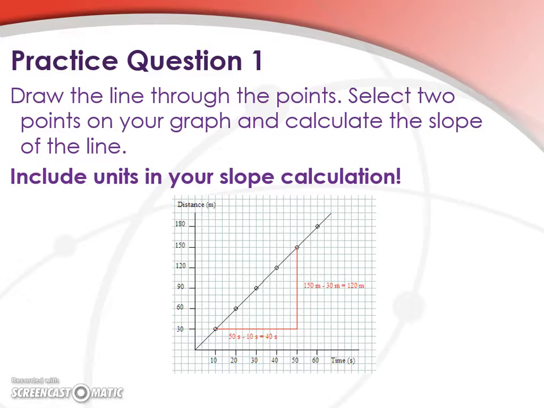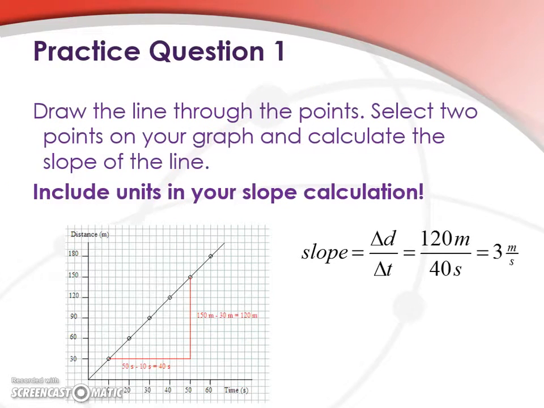On the vertical axis you can see I chose the 150 meter point here, the 30 meter point here, subtract and get 120 meters. And then to calculate the slope, rise over run, of course, is 120 meters over 40 seconds equals 3 meters per second.